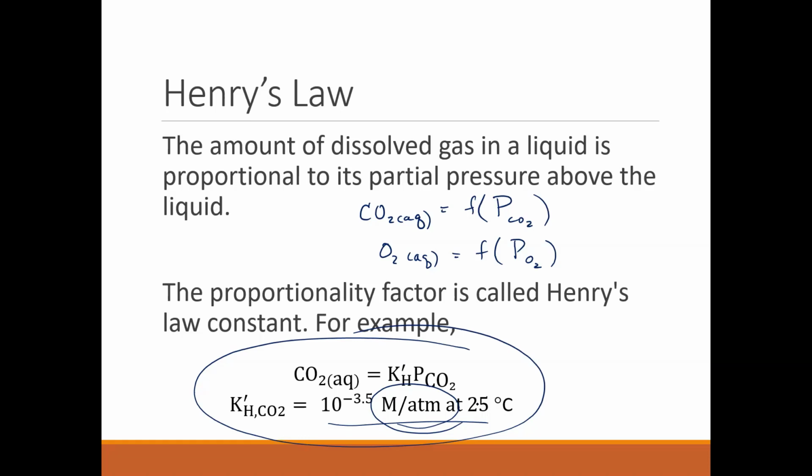It's an empirical constant. And in some cases, you'll actually see it written the opposite way, as pressure over aqueous concentration. You'll know that by the units. So just take into account the units.